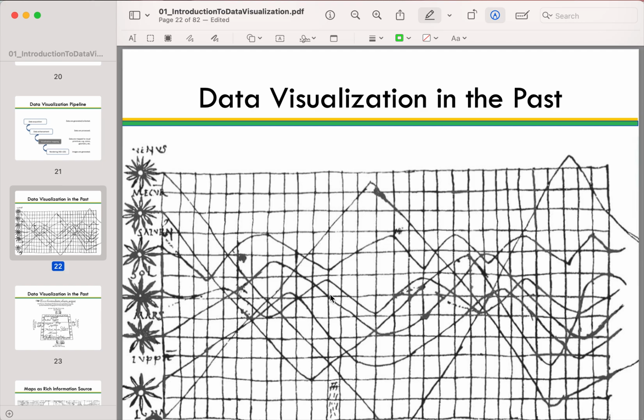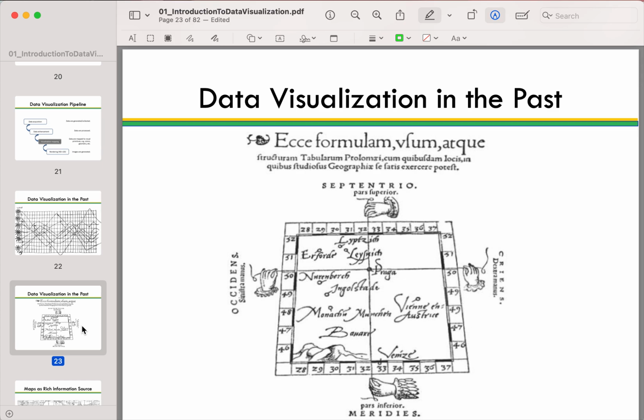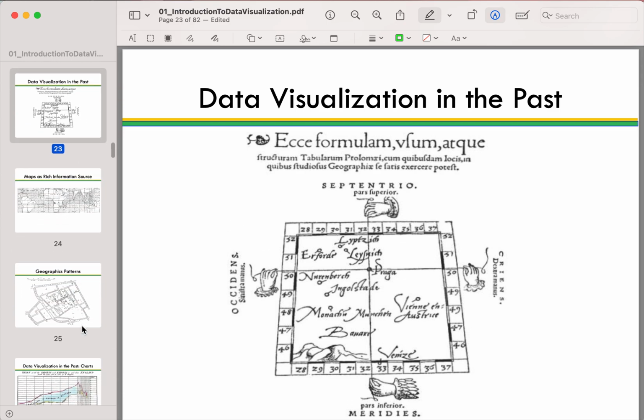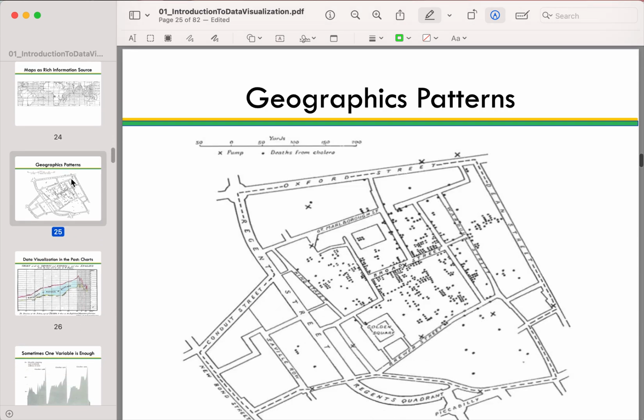Here is some hand-drawn data visualization. This is a visualization of architectural data, city streets and buildings into the city.